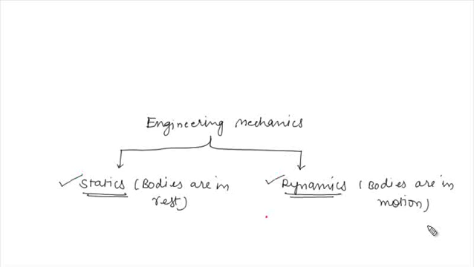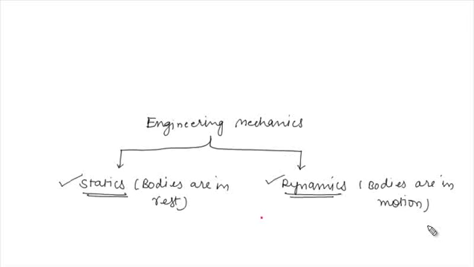But in case of dynamics, of course the bodies are in motion, but how are we going to analyze the bodies which are in motion? As we know, forces or couples are responsible for motion. Sometimes we consider the forces or couples for analyzing bodies in motion, and sometimes we do not consider the forces and couples which are responsible for motion.